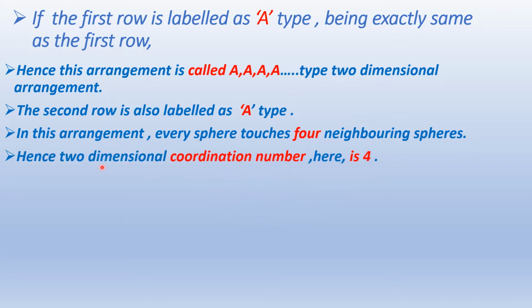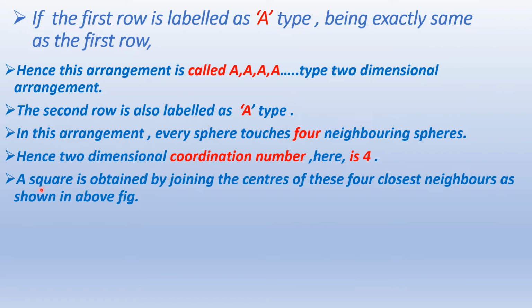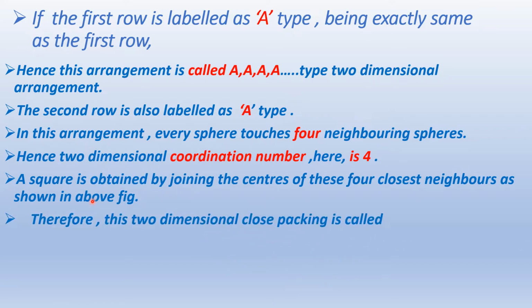So this two dimensional coordination number is 4. A square is obtained by joining the centers of these four closest neighbors as shown in the above figures.